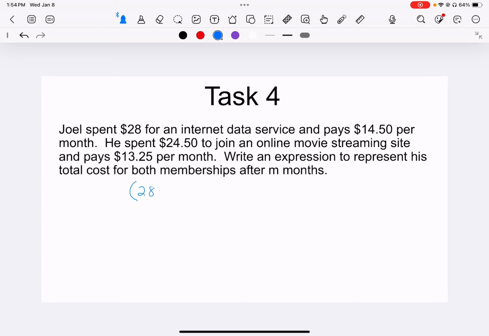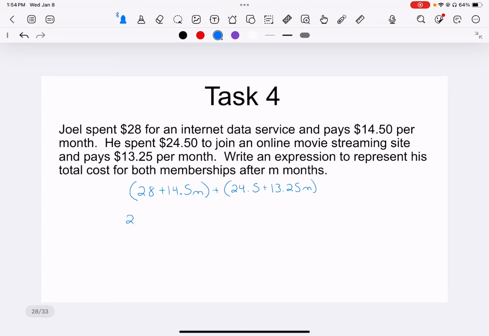That's $28 plus the $14.50 or 14.5 per month, which is m. Plus now, because we want to know the cost for both memberships, the online movie streaming service, which is $24.50 plus $13.25m, because it's each month.